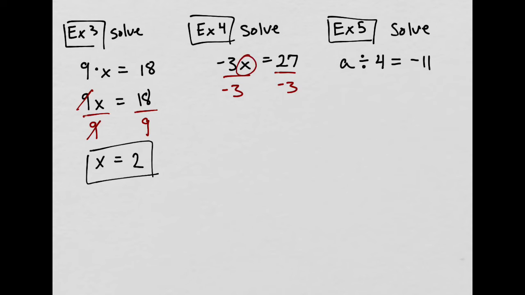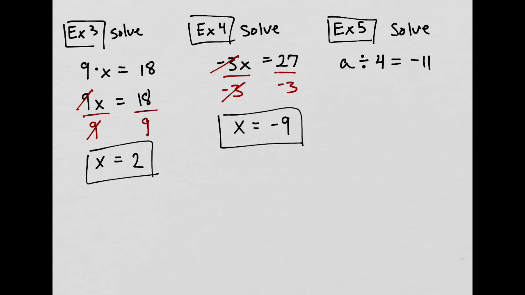The whole reason we divided both sides by -3 is because they cancel out on this side. So x equals 27 divided by -3, that's -9, I believe. And if you plug that back in to check your answer, -3 times -9 equals +27.